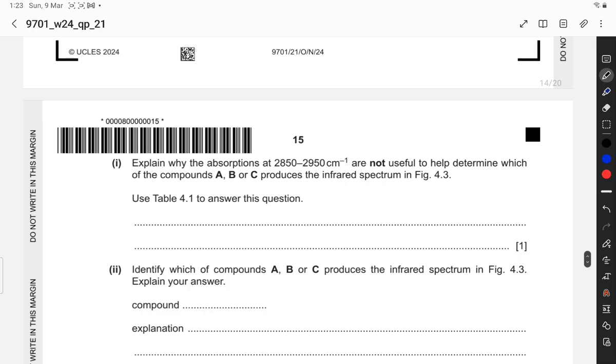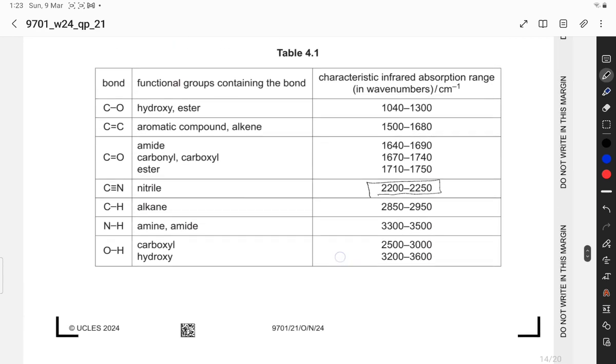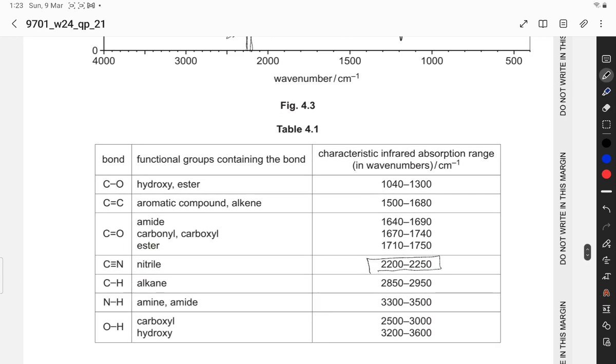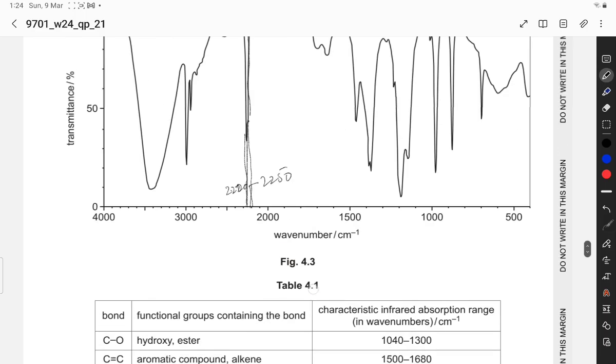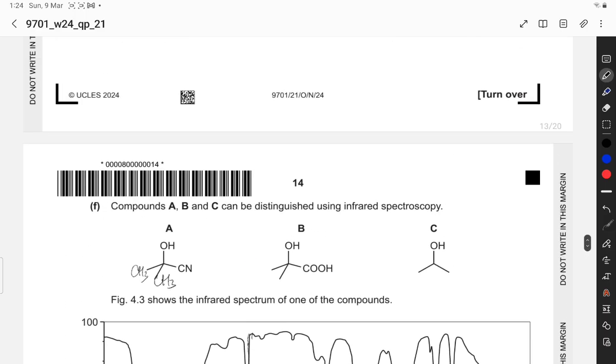Use table 4.1 to answer this question. 2850 to 2950, because all have a CH bond. This is the CH bond, this is nitrile, and this is also CH, and this is the OH bond.